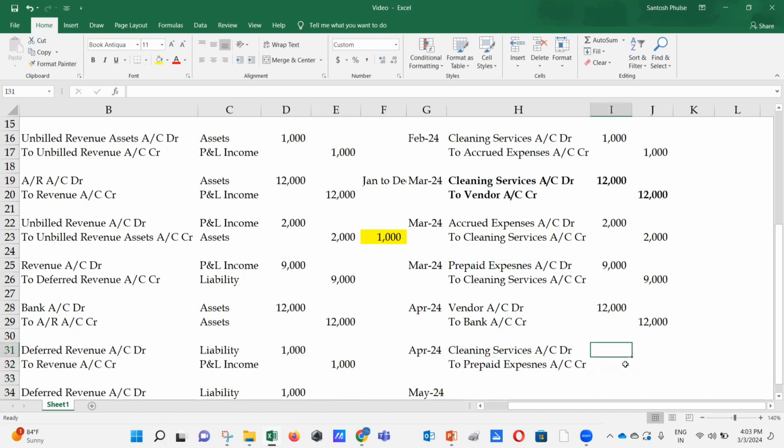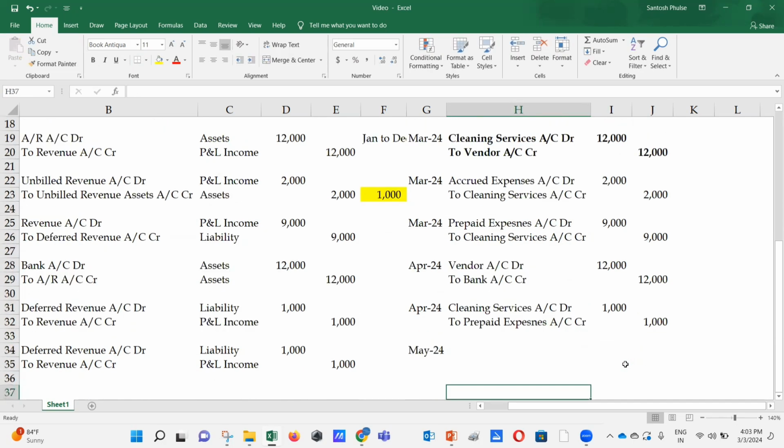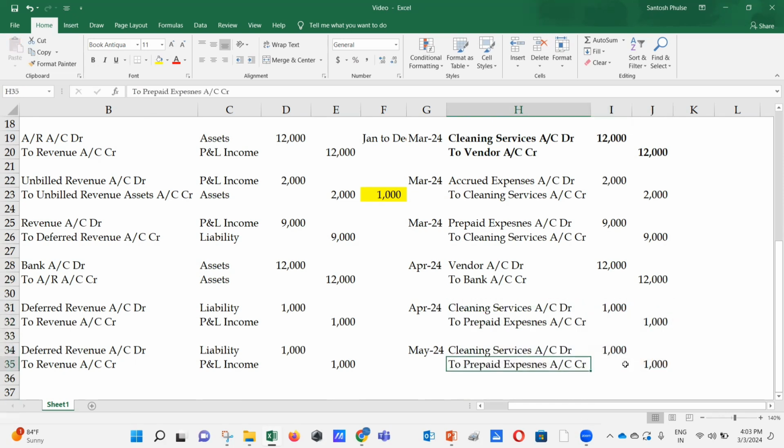You book that as an expense, since you have received the services for April 24. Now the same entry is going to be there till December 24 in your books. So you are booking the expenses once you avail the service, and you are reducing it from your prepaid expenses.